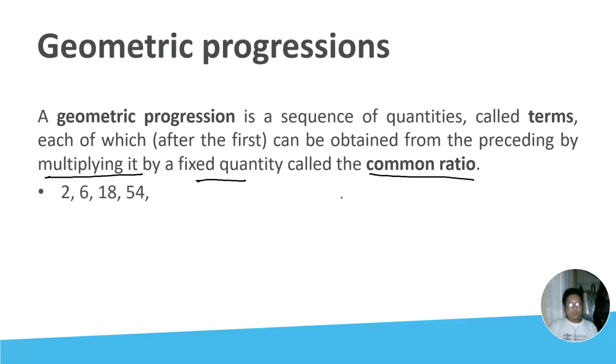So, kung i-multiply mo pala yung common ratio sa preceding number para makuha mo yung number na yun, para makuha mo yung common ratio ay i-divide mo lang yung number na to dun sa preceding number. So, 6 divided by 2 is 3. And 18 divided by 6 is 3.